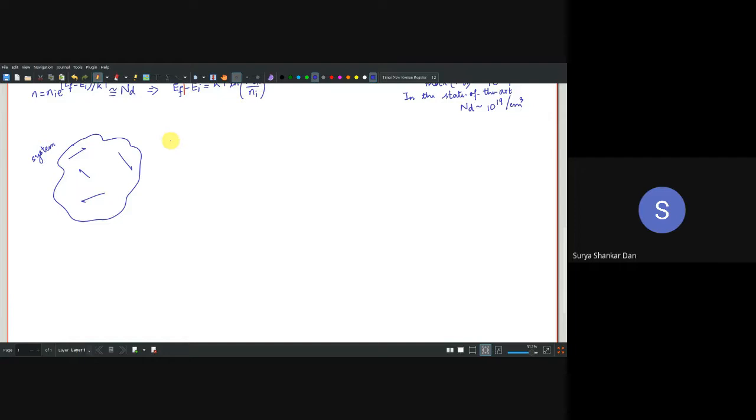This system is said to be under equilibrium if and only if the net movement of the particles in any particular direction at any instant of time is always zero. Net movement means there is no overall movement of the particles.